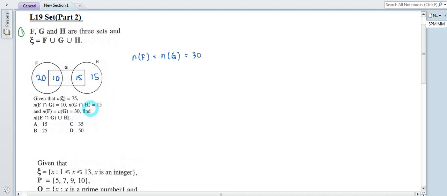So now the question wants us to find the number of elements for F intersection G union H. Okay, so first we need to understand where is the region here. F intersection G, F and G overlapping area will be here, right?